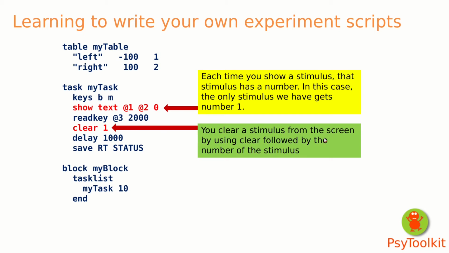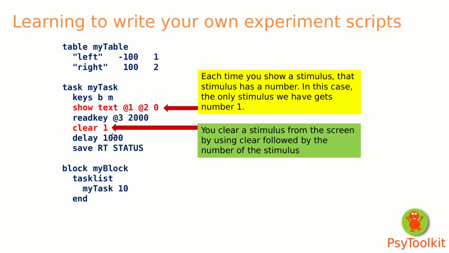So you can clear a stimulus from the screen by using the word clear, followed by the number of the specific stimulus. Typically you have many stimuli in one trial, but they're always numbered, starting with 1 and then going up. So you can have clear 1, clear 2, clear 3. That's just a way of referring to that stimulus.